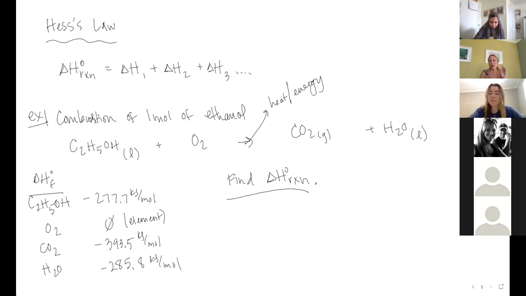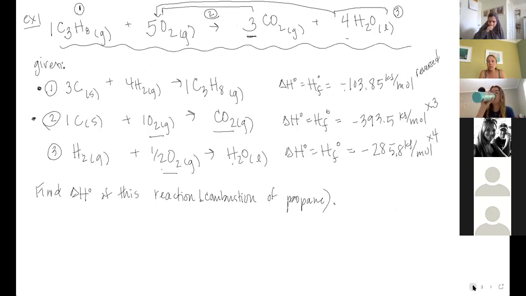You can work it by looking at those formation equations, the formation of ethanol, the formation of carbon dioxide, the formation of oxygen, just like we did here, and doing this step by step to get these products.